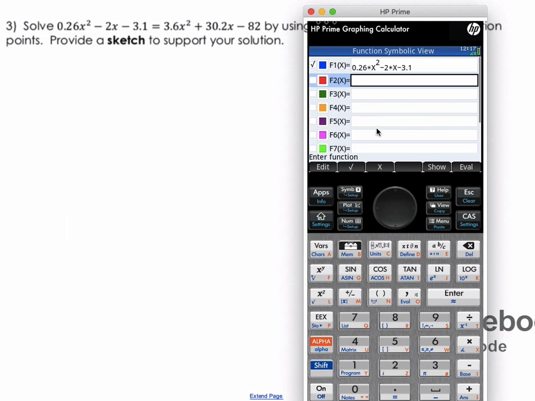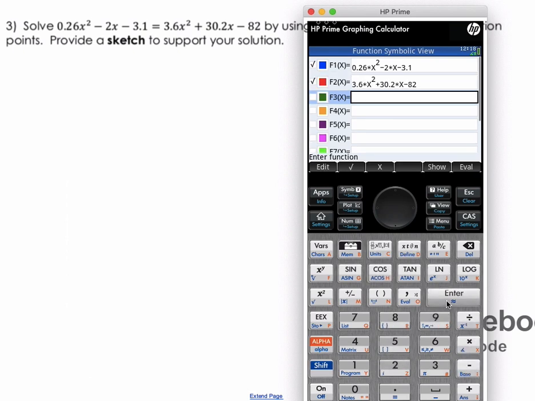Or this is part 2, yes. So 3.6 x squared plus 30.2 x minus 82. Okay, so we're going to find the points of intersection of both of those.